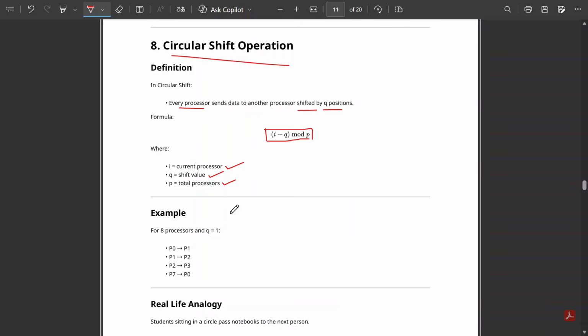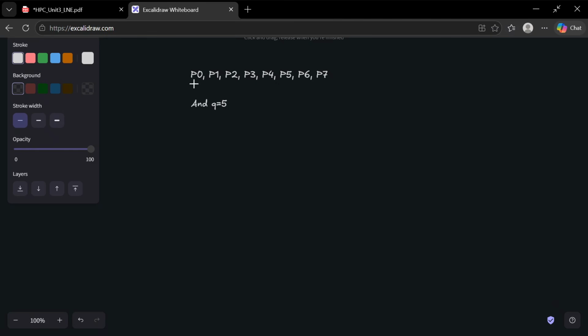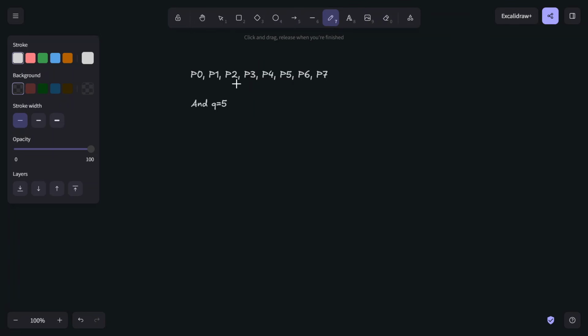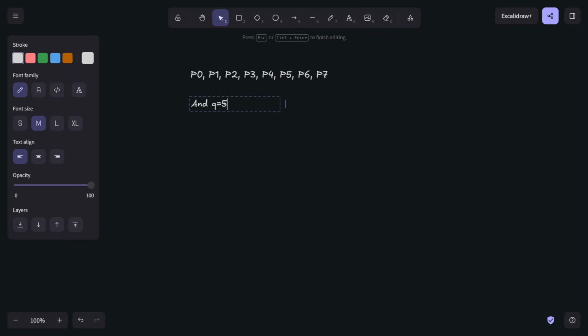So let us take an example. There are 8 processors and the fixed shift value is Q equal to 1. So for example, if we take 8 processors, the shift value is 1.